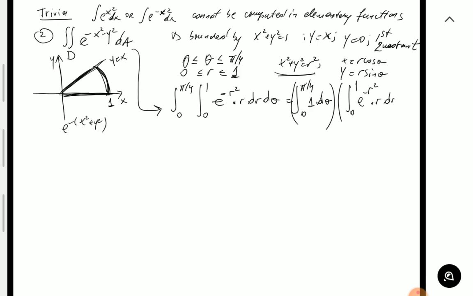And that extra r is useful because you can make a u substitution. So we can substitute minus r squared for u, and then du is minus 2r dr. The new bounds: when r is 0, u equals 0, and when r is 1, u equals minus 1, in that order.